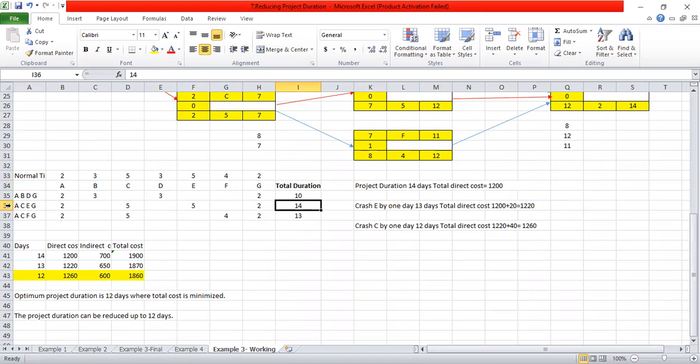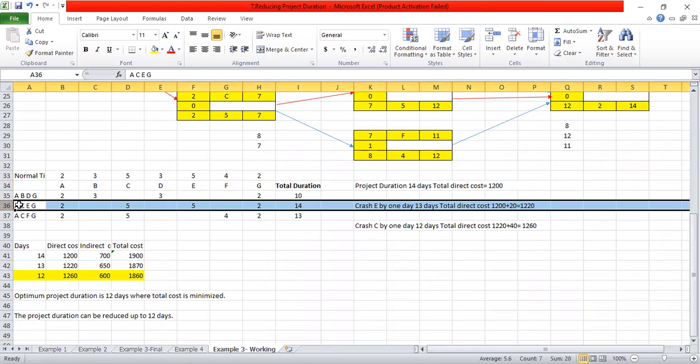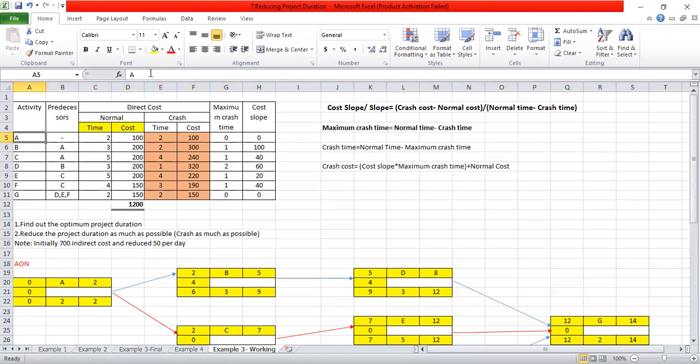So I will highlight this critical path here. A, C, E and G is the critical path. Please make sure to highlight the activity as well as the maximum crash time and the cost slope in the critical path, right?